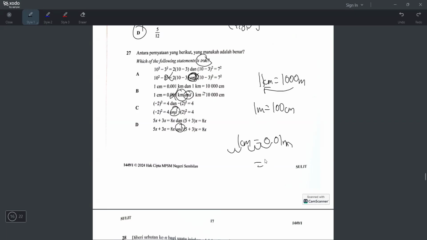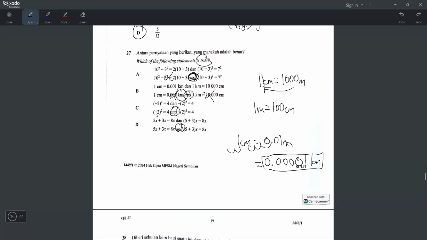So the answer is 0.00001 kilometer, but they wrote 0.001, so this is wrong. So the latter part I don't need to check, because even if the latter is true, it's still false, since both must be true to be true.